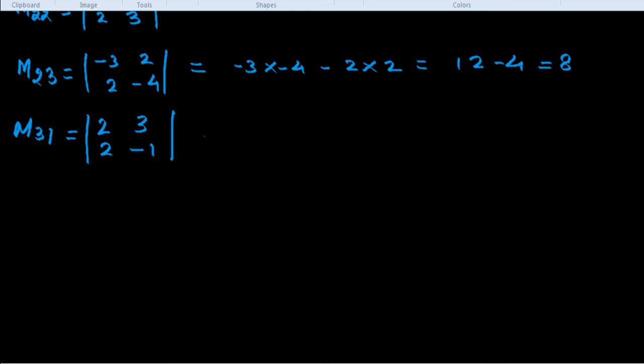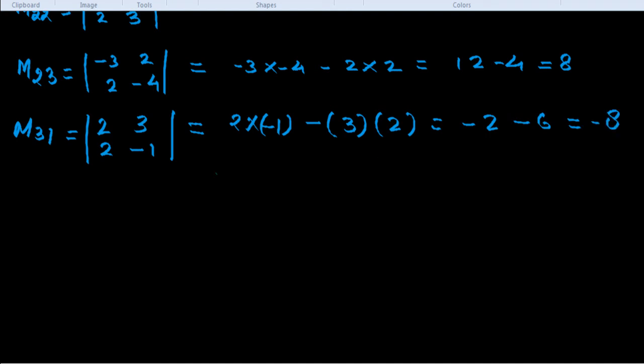Now we simplify this. It is equal to 2 into minus 1 minus 3 multiplied by 2. So we get minus 2 minus 6, which is minus 8.